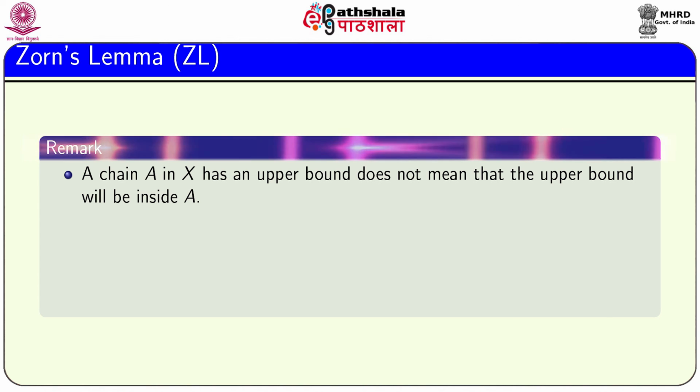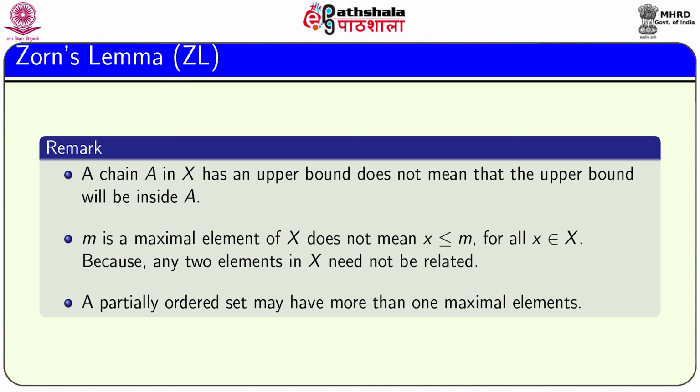A chain A in X has an upper bound. That does not mean that the upper bound will be inside A. It could be inside X, but not in A. M is a maximal element of X, once again does not mean that M should be bigger than all the points of X. What we mean by that is, it is not the case that x is less than or equal to M for all x belonging to X, because any two elements in X need not be related.